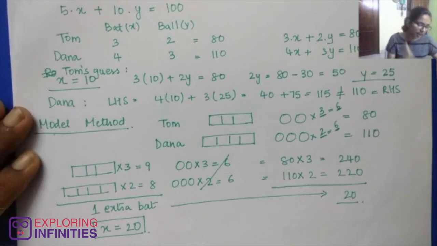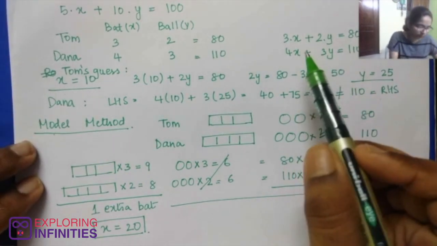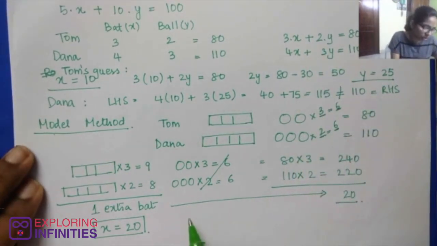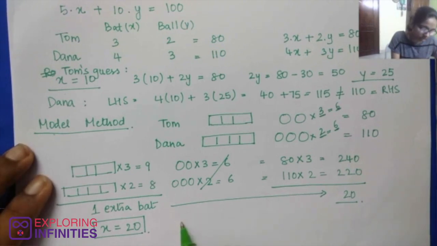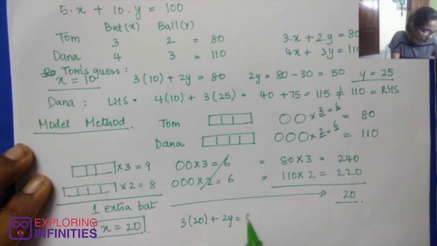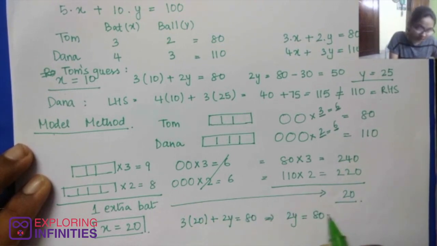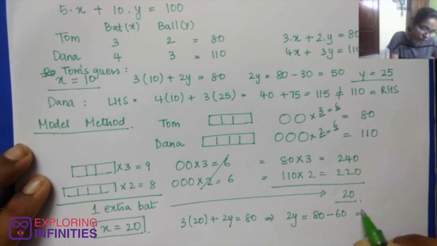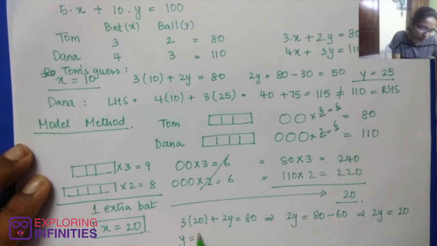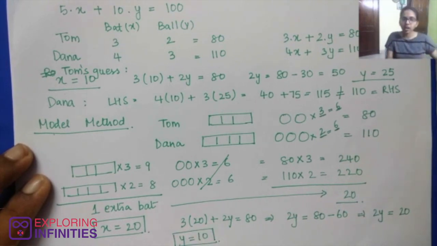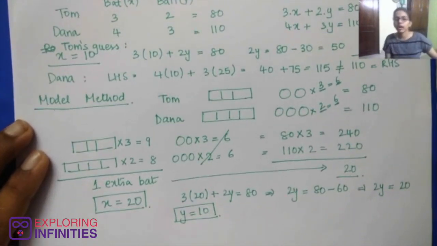Let's put it in Tom's initial equation. It's 3 into 20 plus 2y is equal to 80, which gives me 2y is equal to 80 minus 60, so 2y is equal to 20. This gives me y is equal to 10. So now I have the answer: x is equal to 20, y is equal to 10.